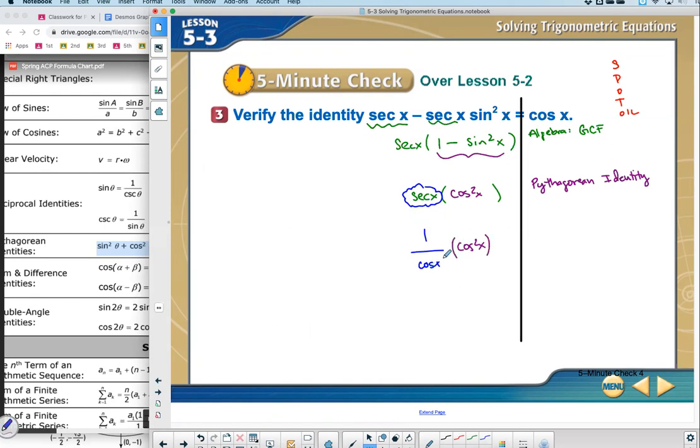The name of that step was reciprocal identity. And you can see by algebra that that in fact would equal cosine. Exactly what we wanted it to equal. So there was a bell ringer review problem that was not shown up on the front.